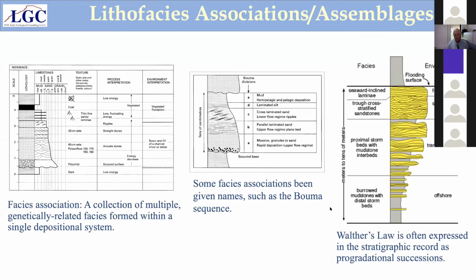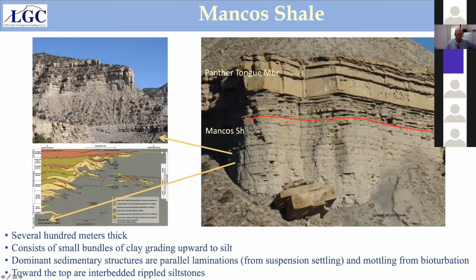Okay, so let's go ahead and apply this now to this area in the Book Cliffs. I'm going to start down here at the bottom. We're going to focus mostly on the Panther Tongue, but beneath the Panther is this unit that's called the Mancos Shale. The Mancos Shale is primarily composed of clay with little silty interbeds.